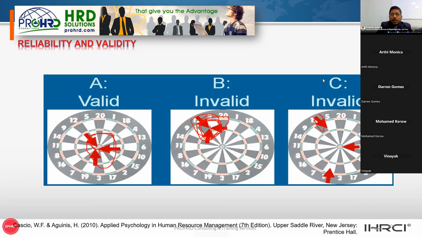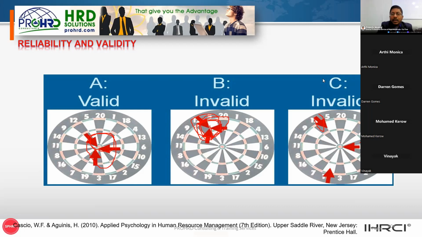You can have high reliability and low validity: one that is consistent in getting the bad information, consistently missing the mark. It is missing the bullseye, but it is always going in this direction. It is possible to have reliability but not validity.